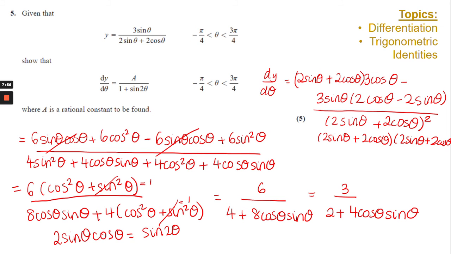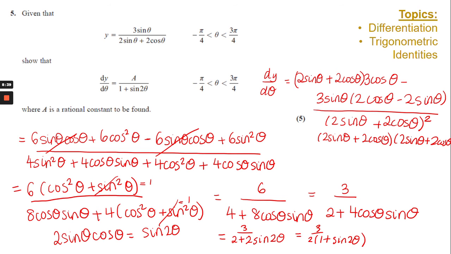So using that same rule over here, this can be written as 3 over 2 plus 2 sine 2 theta. Obviously this is a 4, this is a 2, so multiplying it by 2 gives me this expression over here. Now what I can do from here is take out the 2, so I have 3 over 2, 1 plus sine 2 theta.